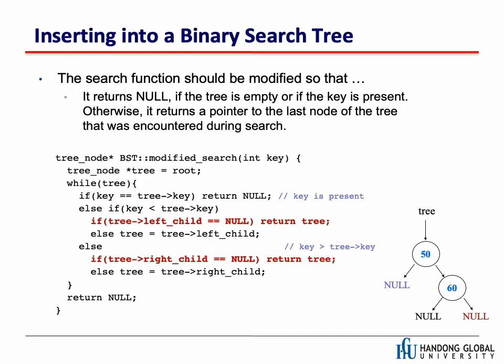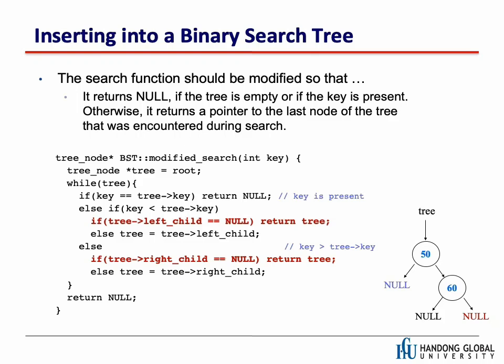Then we can manage the 50's left child pointer. After allocating memory space for the new node and assigning the data to the node, the 50's left child pointer will point to that node. That's how we add it. Do you see that?